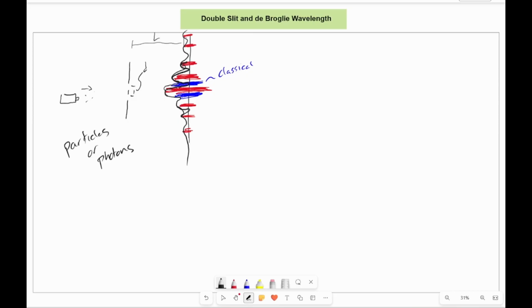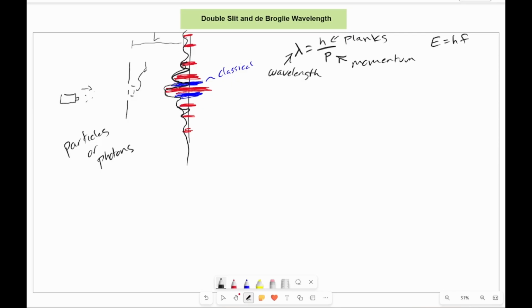And so if you look at a photon, it has a wavelength that is associated with Planck's constant divided by its momentum. And this is really easily solved by relating the two relations.